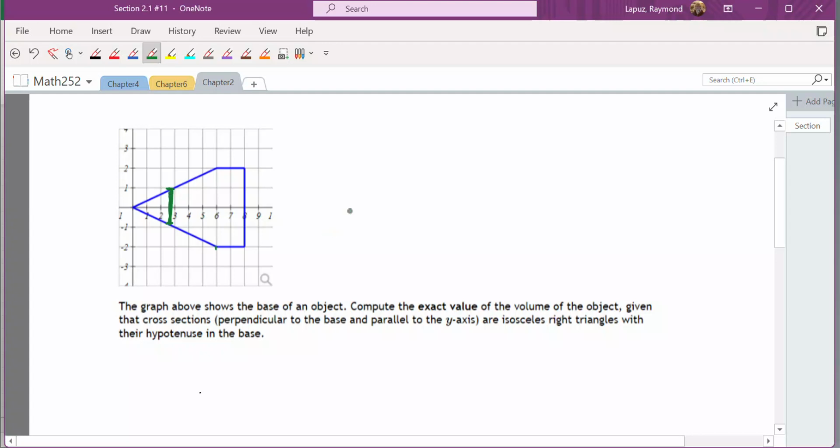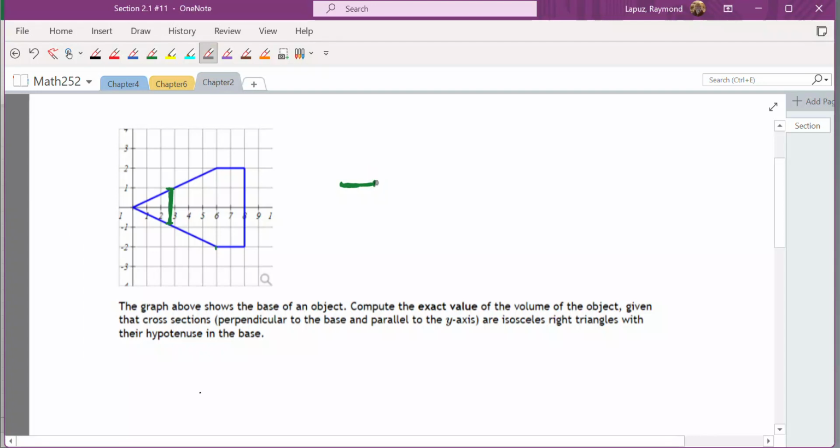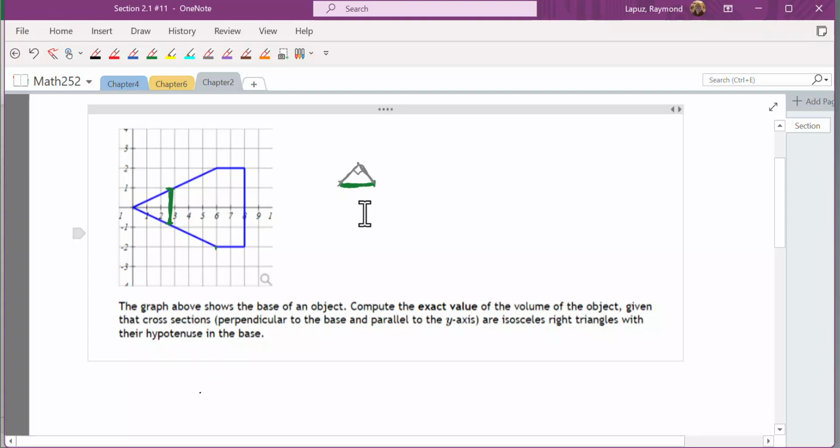And let's draw the corresponding cross-sectional cut matching the base here. Now they said that this is the hypotenuse of an isosceles right triangle. So I would imagine the right triangle would go something like this. And this is a right angle, and this is the hypotenuse. And the idea here is to find the area of this triangle.